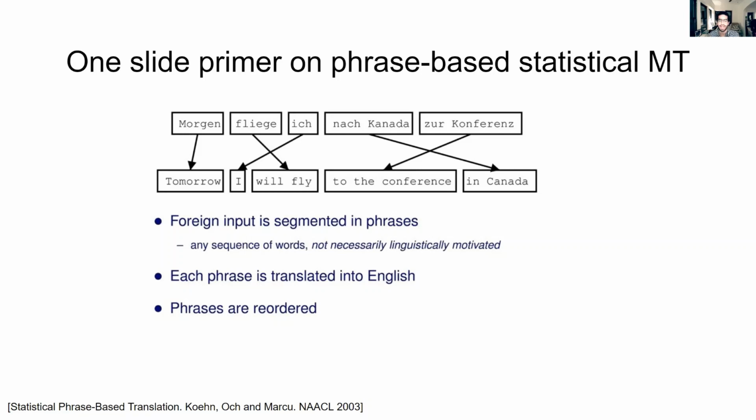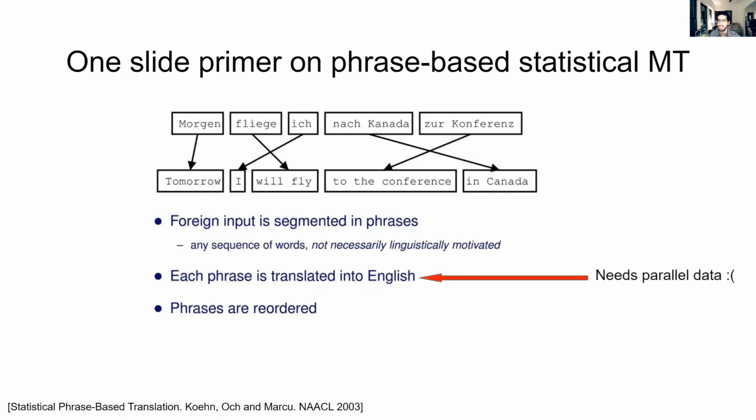And then you will have a sentence which sort of looks like English, but is not fluent. So you reorder these phrases using something called a distortion model and a language model to get the English sentence. Now, this model needs two things: phrase translations and phrase reordering.